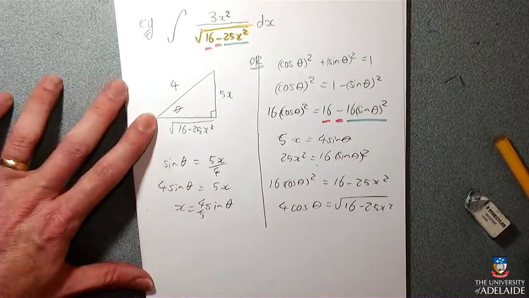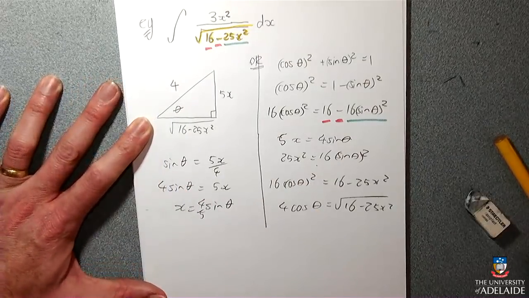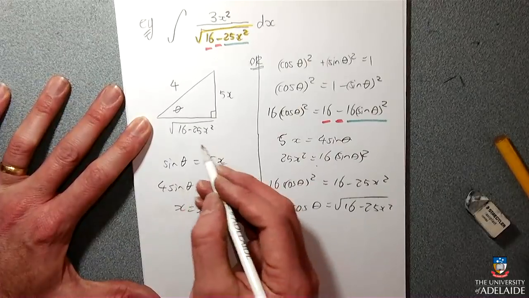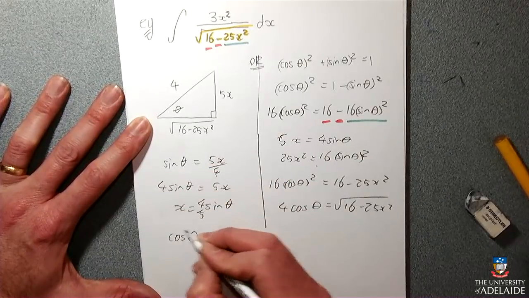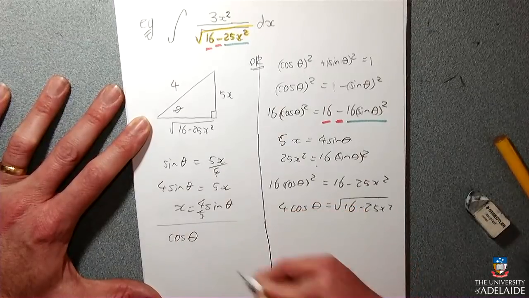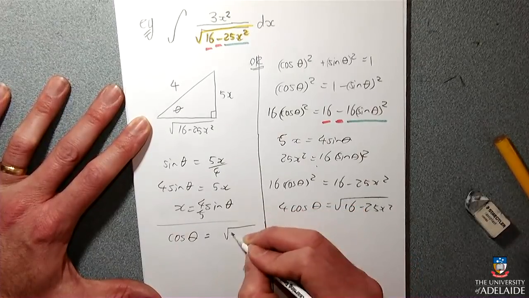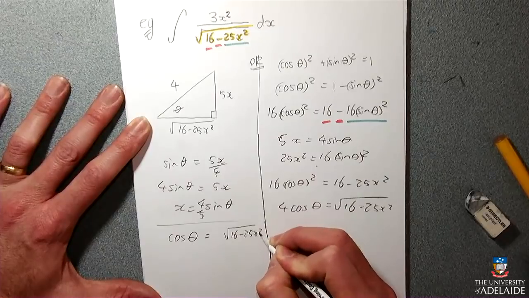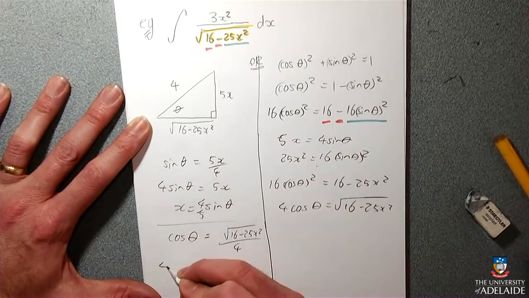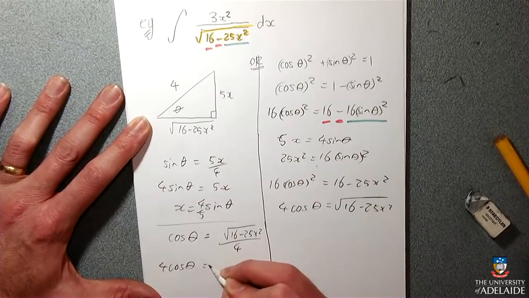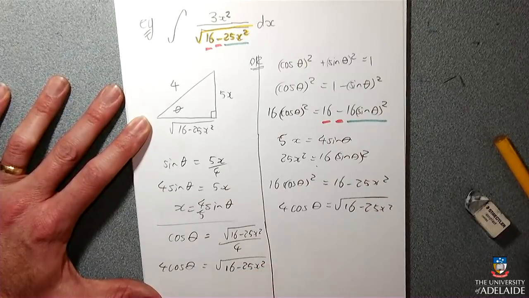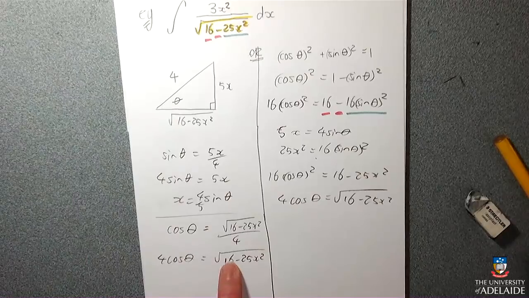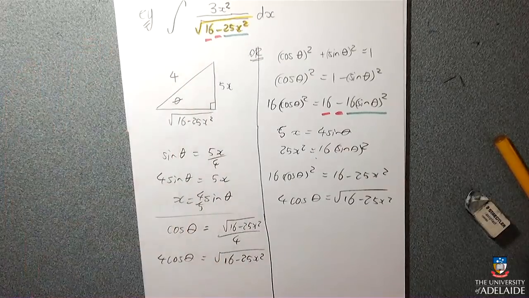Over on this side, I'm going to have to do the same thing. So the sine theta is 5x on 4. The cos theta is root 16 minus 25x squared on 4. And so I have found an expression for this root now.